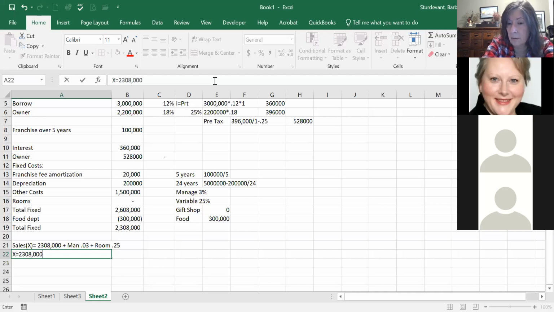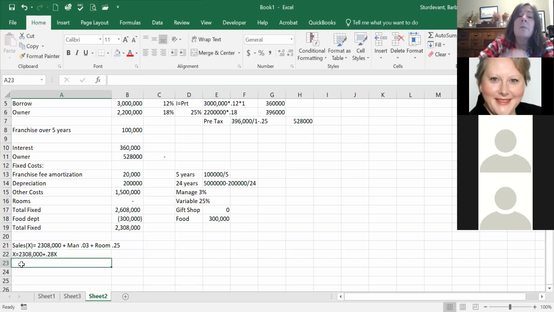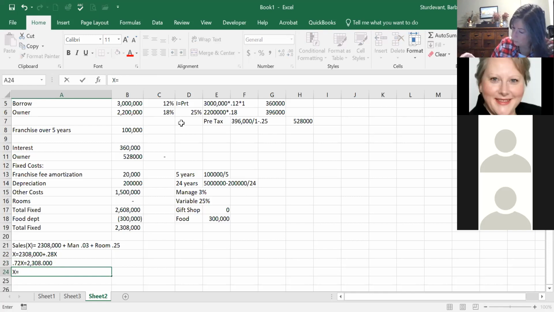Combining our x's. Again, subtract from both sides. So we're going to have a 0.72x equal to the 2,308,000. And so we end up with x equal to 3,205,556.